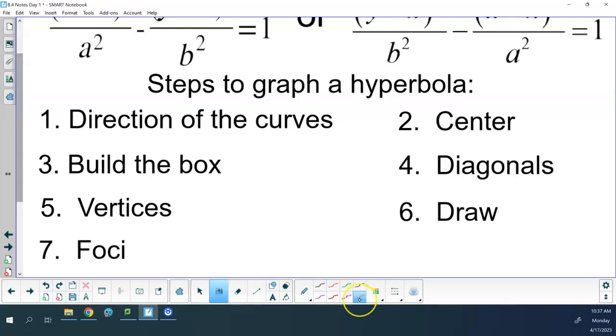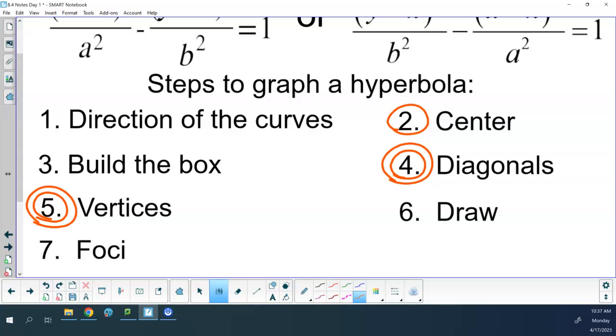So there is a lot of information that I can ask you from a hyperbola. First thing I can ask you is what the center is. Second, what are the equations of the 2 asymptotes. Next, what are the 2 vertices?